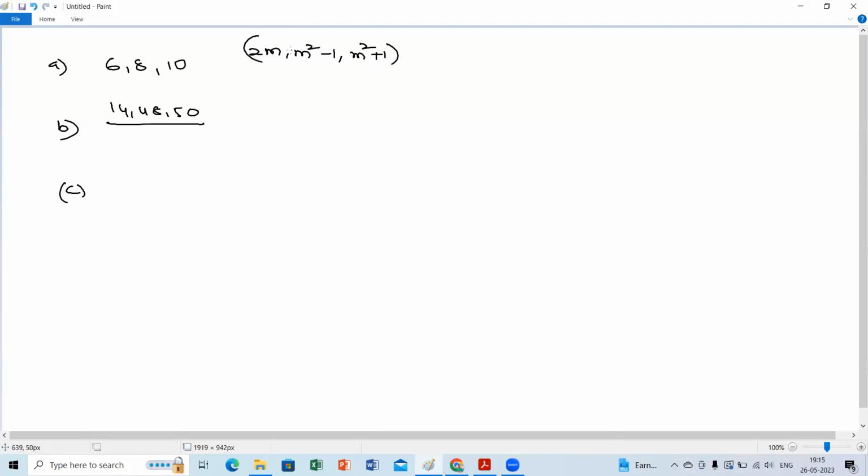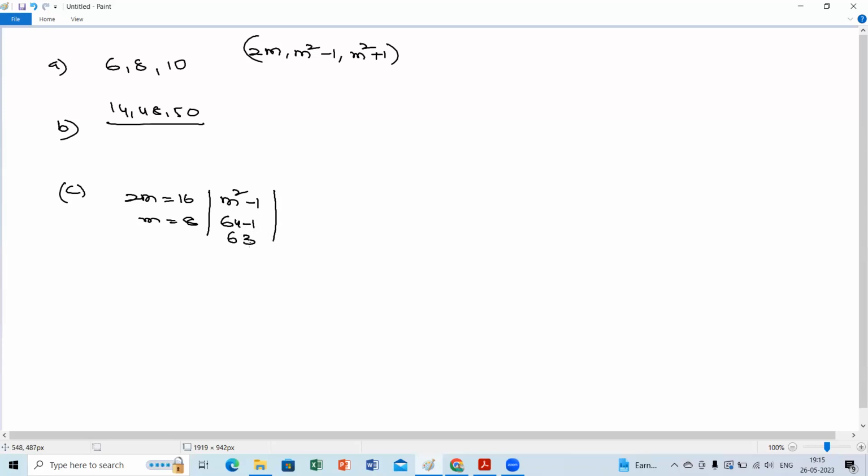Yes, ma'am. Got it, ma'am. So it's 2m. One of the triplet is given as 2m, which is 16. So m is 8. So m square minus 1: 8 square is 64 minus 1, which is 63.